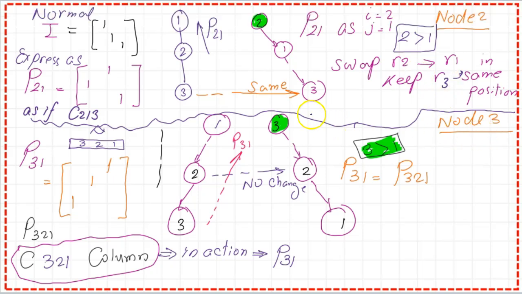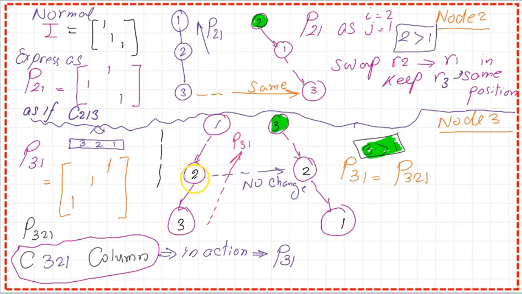We will move to node number 3. But first, we are going to consider the identity matrix without any swapping. We have 1, 2, 3. The other expression is P31. P31 is swapping the third row to the first row, and accordingly, the first row will come down.